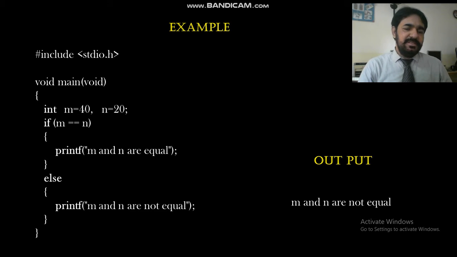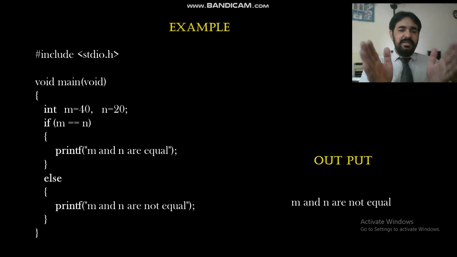We can see include stdio.h, void main void, and then we are using variables: integer m equals to 40 and integer n equals to 20. So we are using two variables, integer m and integer n, and assigning values m equals to 40 and n equals to 20.